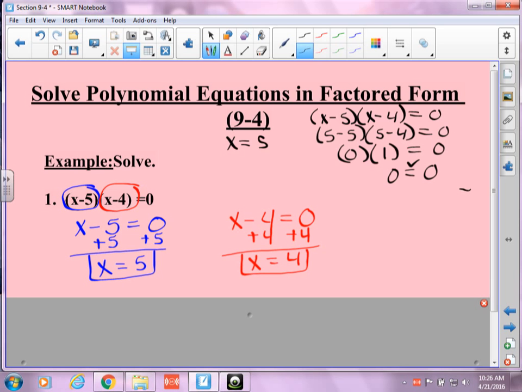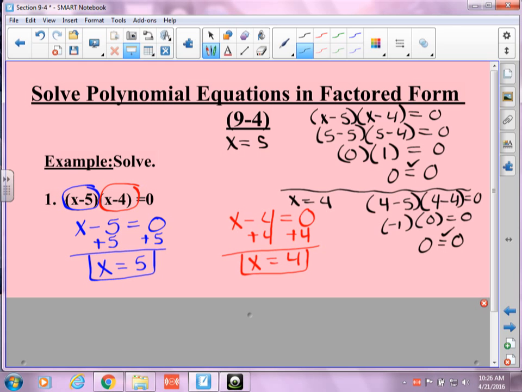It's true. Well, let's say x equals 4. If x is 5, it'll wipe the whole thing out. If x equals 4, it'll wipe the whole thing out. Those are the only 2 numbers where that is true.